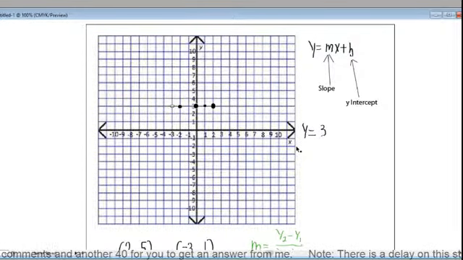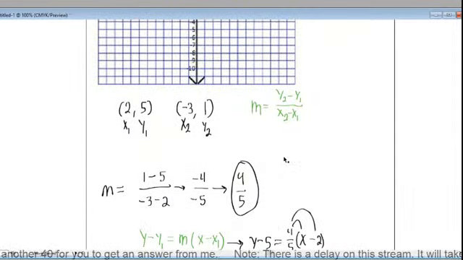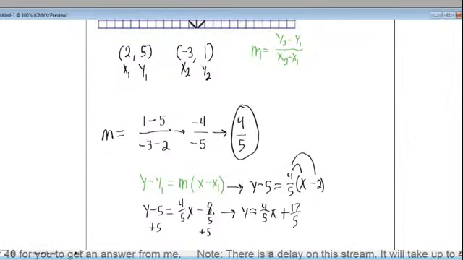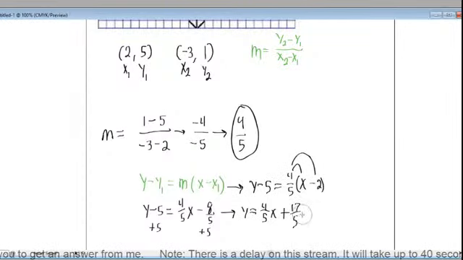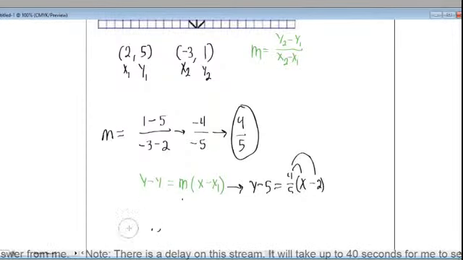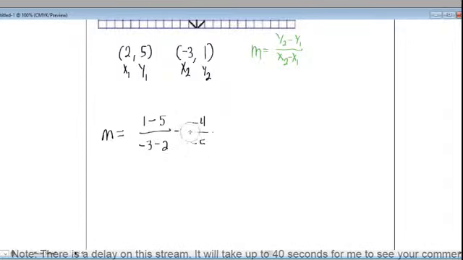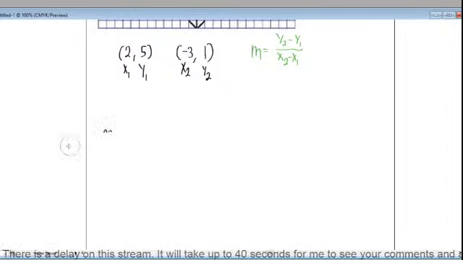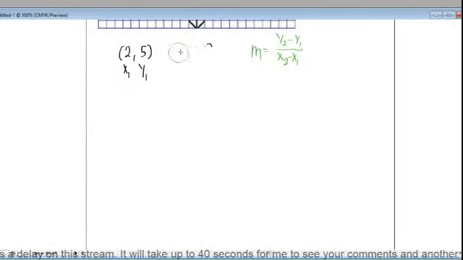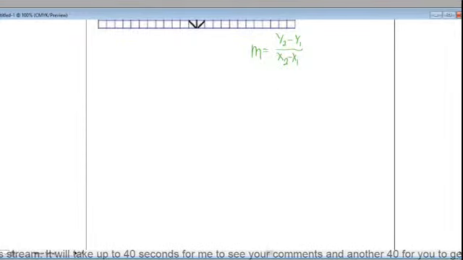Well, this is a question for our slope formula. So let's come back down here and take a look at that. And I'm going to erase this stuff. I'm going to keep this, though, because we're going to use it.